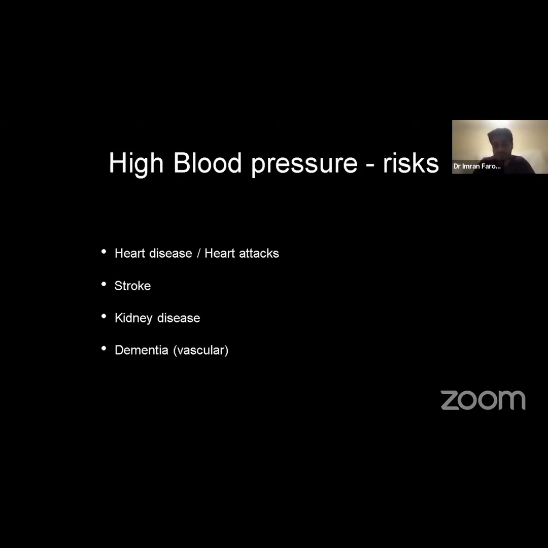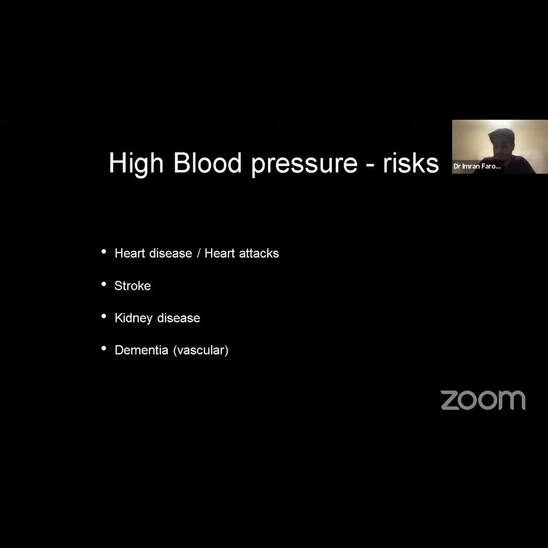So I've written down here some of the key ones. So heart attacks and heart disease is a really big sort of risk which high blood pressure can lead to. So if you imagine the blood vessels are being damaged, fatty deposits and cholesterol like to gather where there's damage, and that can cause blockages, and that's what leads to heart attacks.